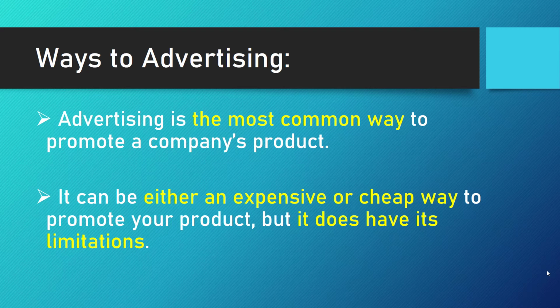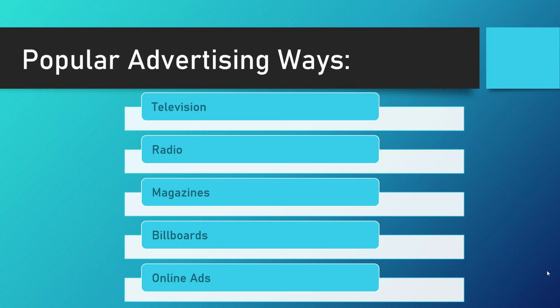Advertising is the most common way to promote a company's product. It can be either an expensive or cheap way to promote your product, but it does have its own limitations. There are many ways to advertise a product, but the most popular ones are advertising on television, radio, billboards, and social media.